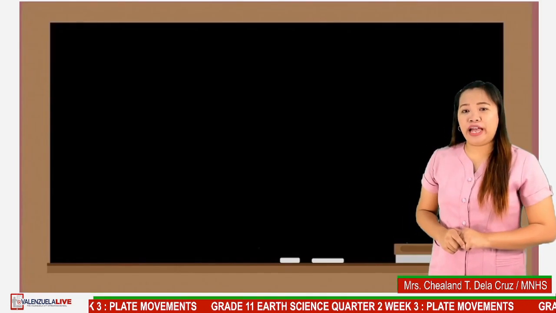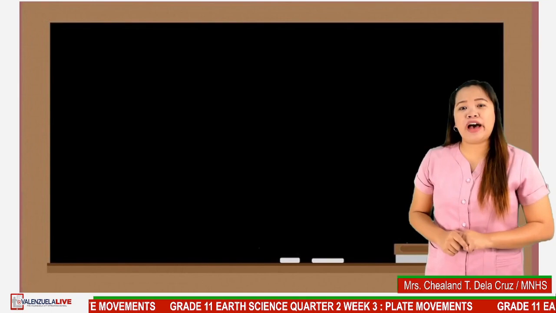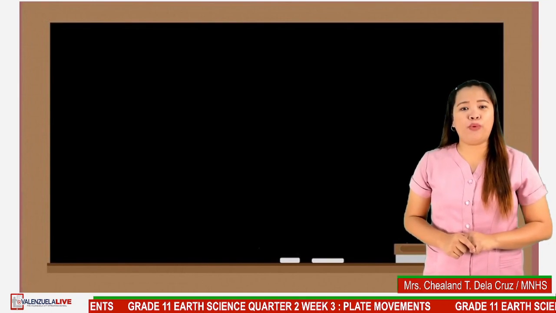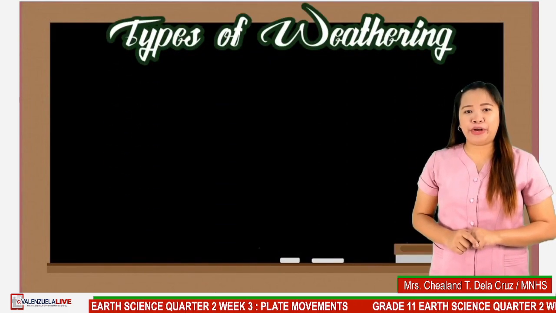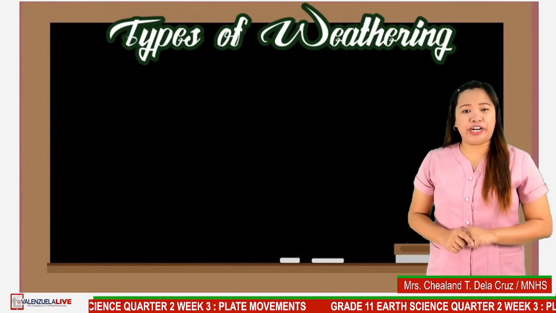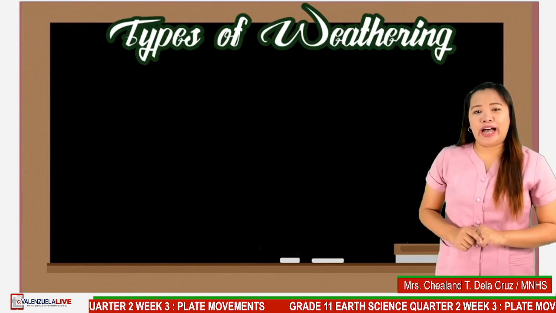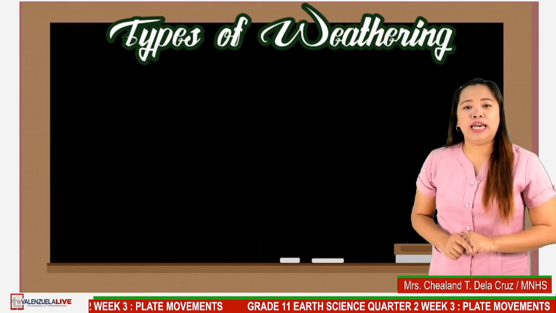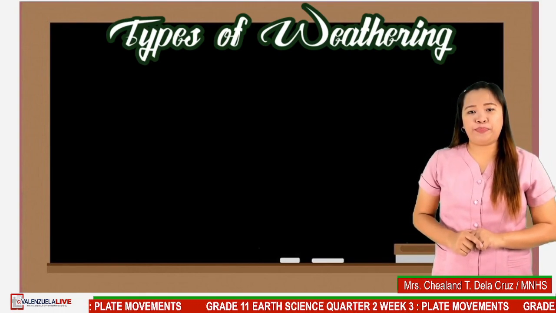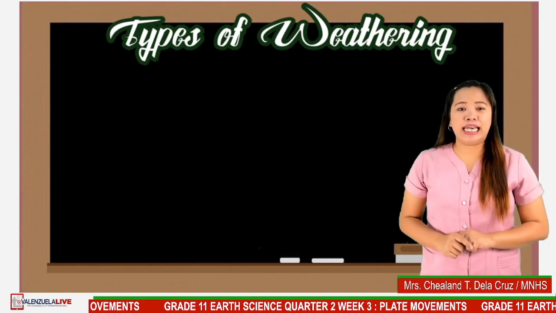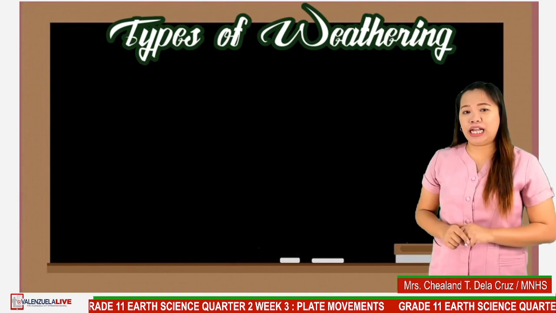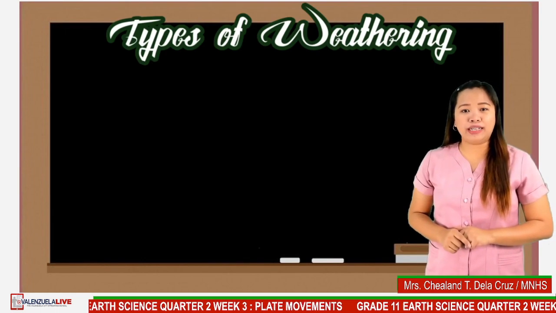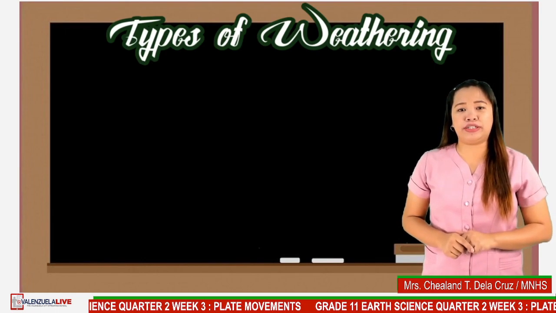But before we delve into this topic, let us have first a short recap of what was discussed last live stream session. Can you still remember it? Very good. Ma'am Advincula of Bignay National High School discussed about weathering. According to her, this exogenic process is the physical breakdown or chemical alteration of rocks at or near the Earth's surface.